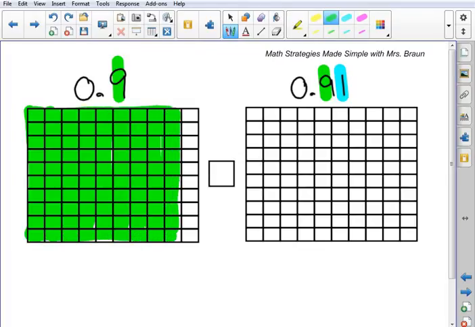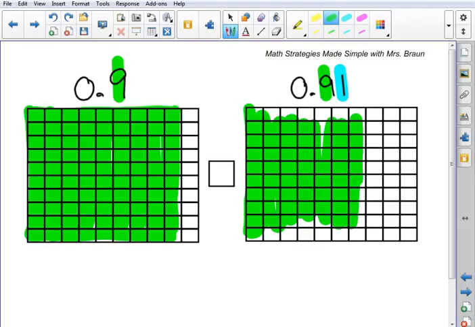All right. Then I'm going to come over here. I don't have any hundredths in this one, so I'm not going to shade any hundredths. But I'm going to shade in 9 tenths on this one as well because I have the 9 in the tenths place. Okay, so I'm going to shade in there.